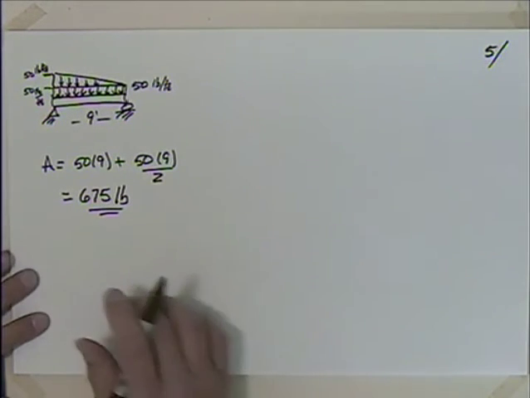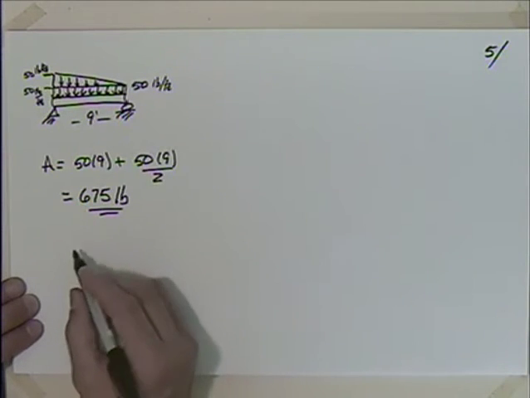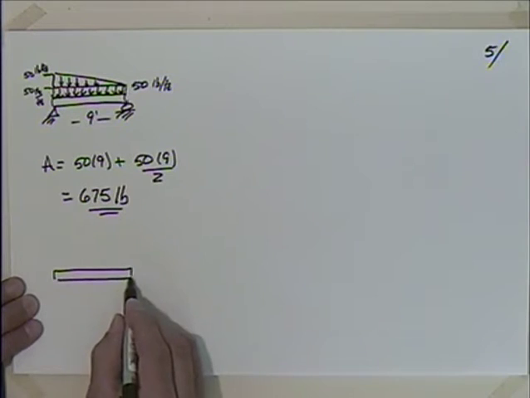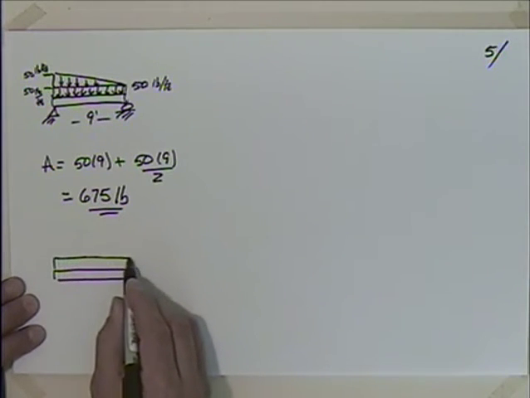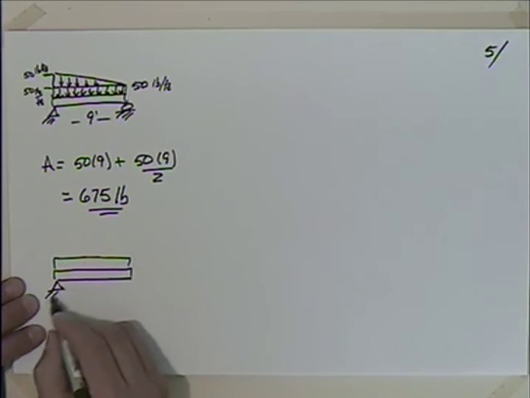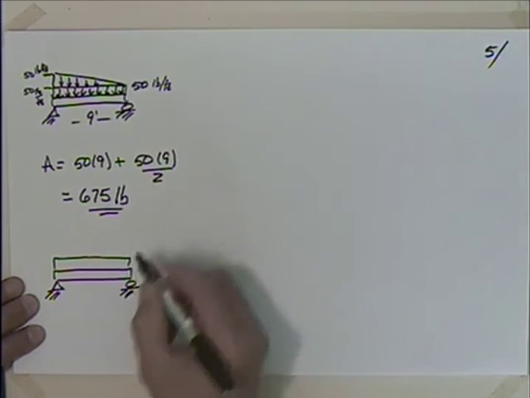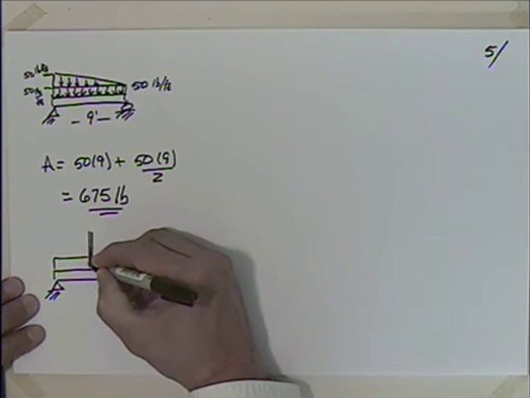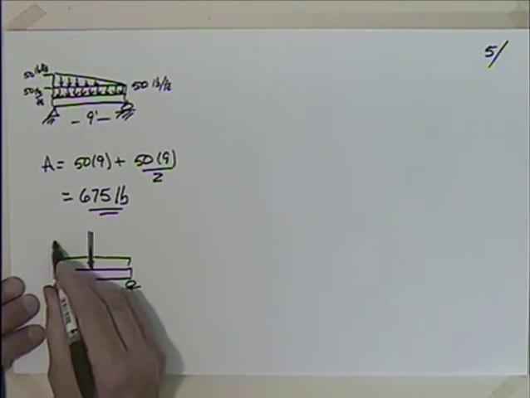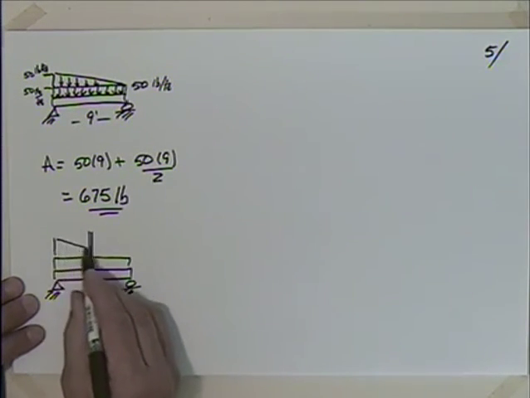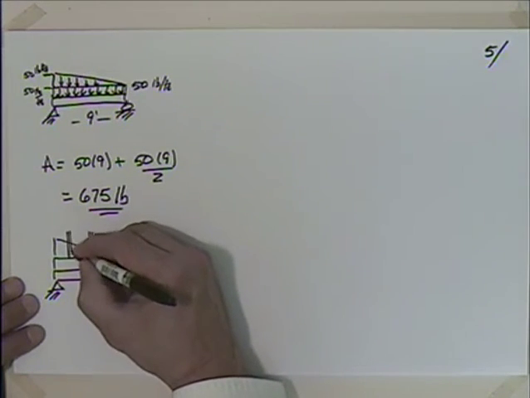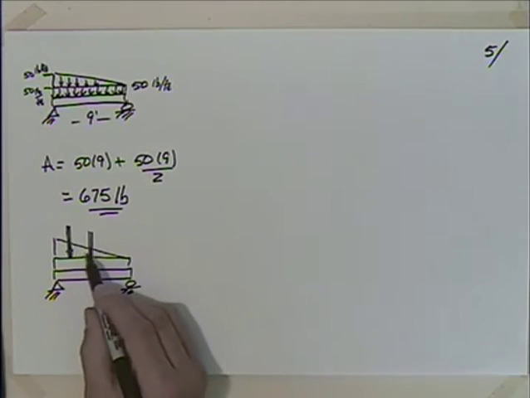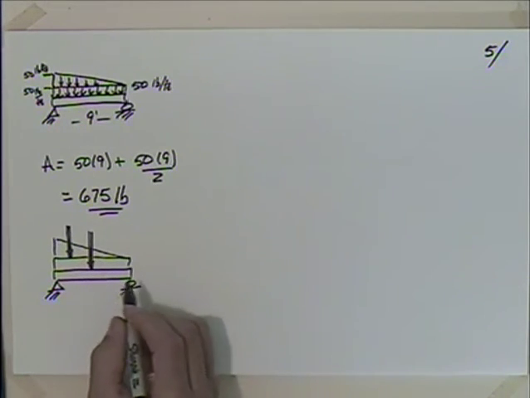Now, where is that acting? Well, what we're going to have to do is look at this. I essentially have this rectangle that's acting here. Okay, and then I have this triangle, and it's acting over here. We said the rectangle would be acting at the center of the rectangle, and the triangle is at the 1/3 point.